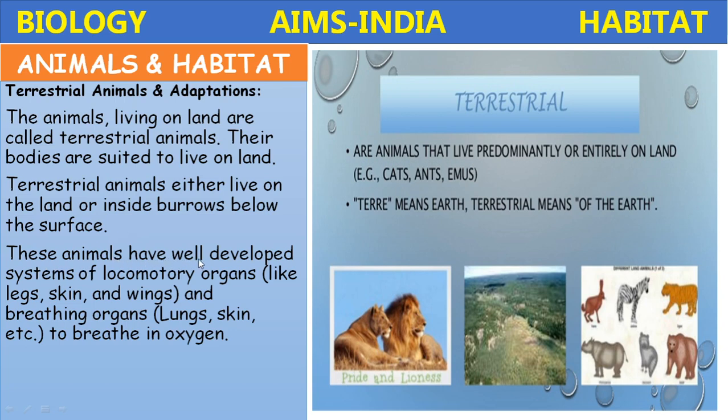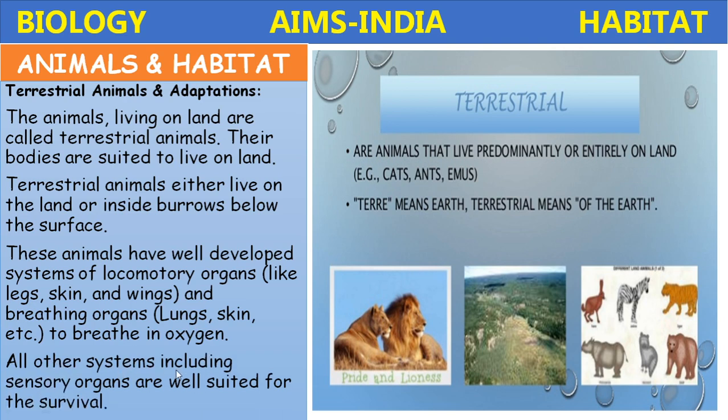These animals have well developed systems of locomotory organs like legs, skin, and wings, and breathing organs like lungs and skin, to breathe in oxygen present in the atmosphere. All other systems, including the sensory organs, are well suited for survival on land. Terra means earth. Terrestrial means of the earth.